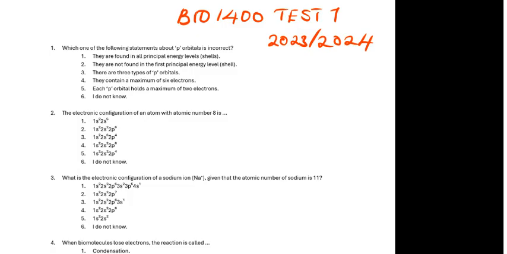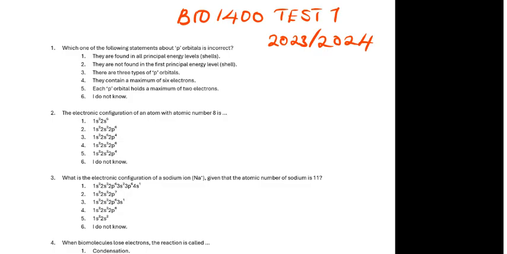So the first question says, which of the following statements about p orbitals is incorrect? The first one says they are found in all principal energy levels. Then 2, they are not found in the first principal energy level, so this is true. Then 3, there are 3 types of p orbitals, which is true.